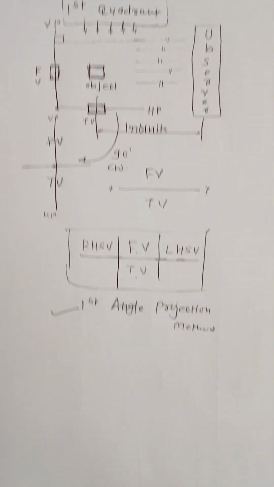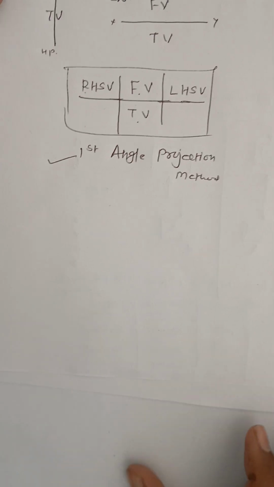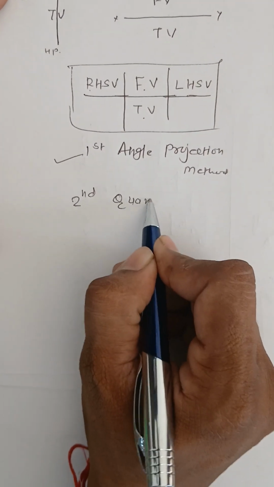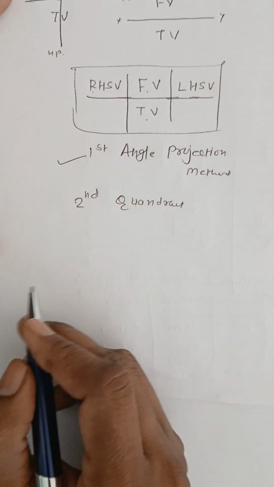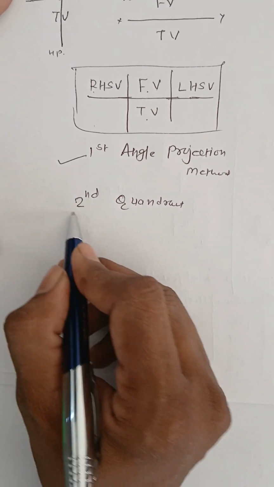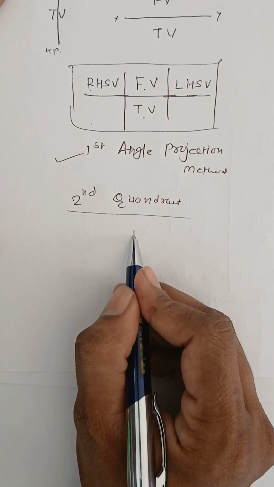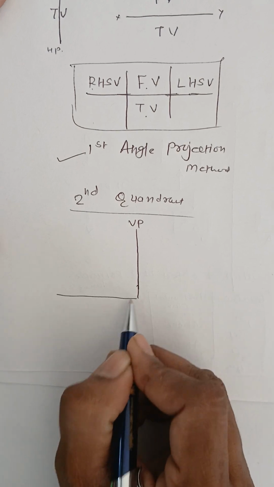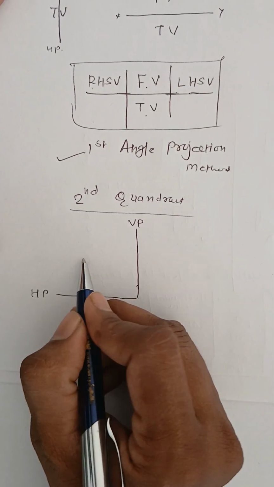Right? Now the second angle projection method, that means the object will be in the second quadrant, right? Now the object is in the second quadrant, that means the object is behind the vertical plane and above the horizontal plane. Am I right?